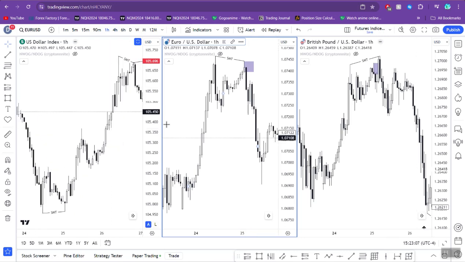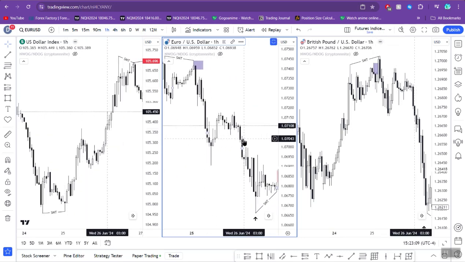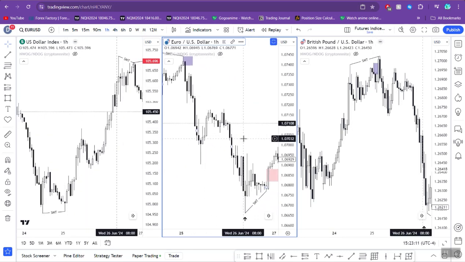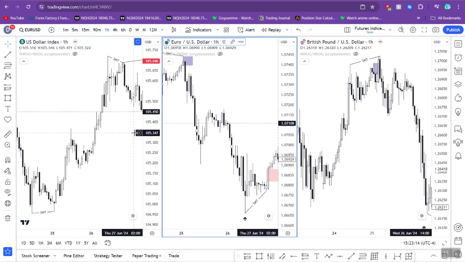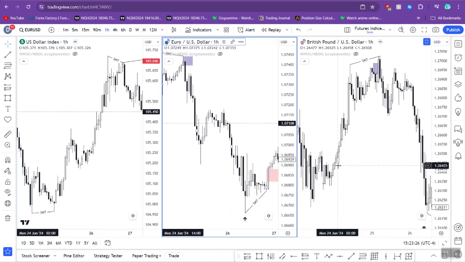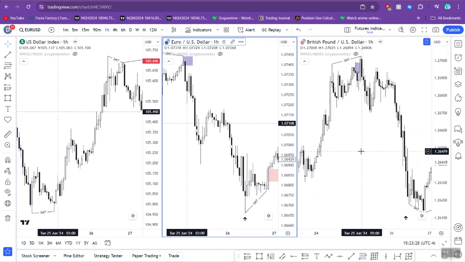Let's go to another day, right? As you can see over here, this is the high of Wednesday right here on dollar index, and over here this is the low of Wednesday on Euro USD, and over here, let me go here.